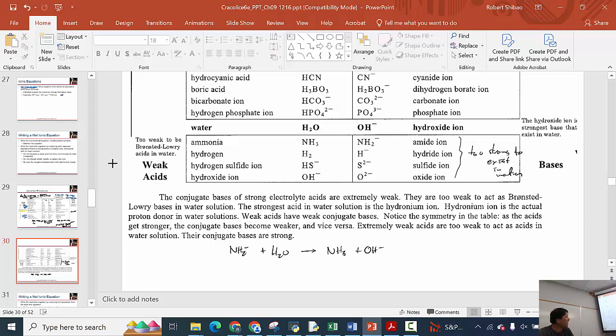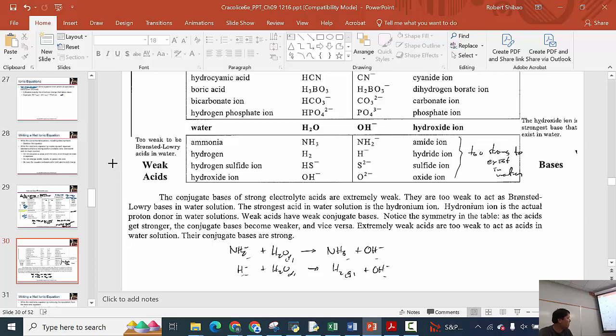That's what happened. If we go to, let's say, hydride, hydride is too strong to exist in water. What happens here is, if there's any hydride in water, it reacts with water to form hydrogen gas and hydroxide. If I don't write anything here for the state, it's aqueous.